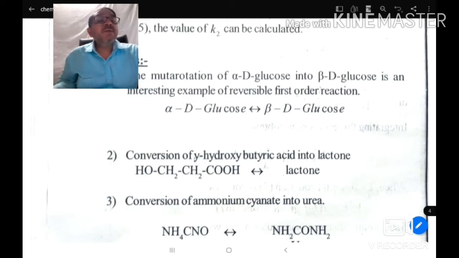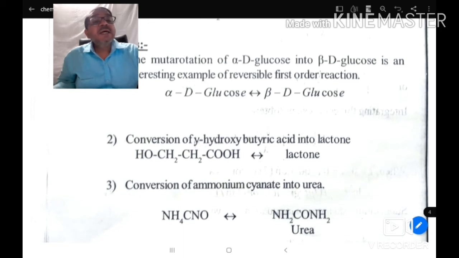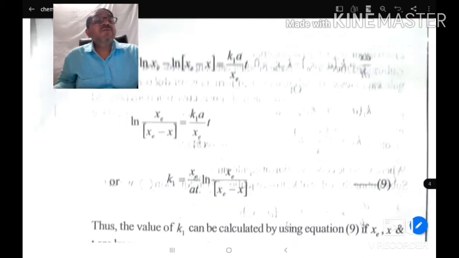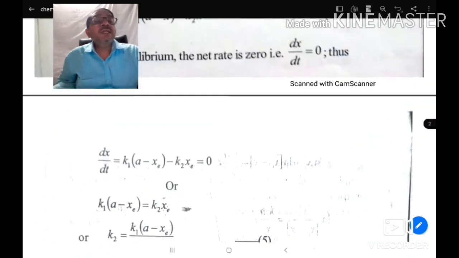Hydroxybutyric acid can be converted into lactone, or lactone into hydroxybutyric acid. Another example is the conversion of ammonium cyanate into urea, and urea can be interconverted into ammonium cyanate. So these three examples represent the kinetics of opposing reactions.